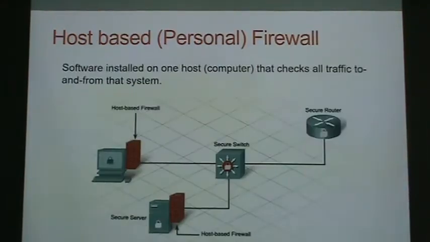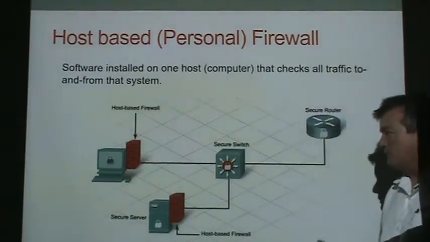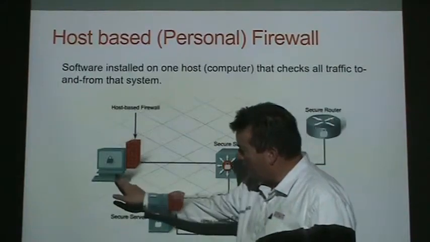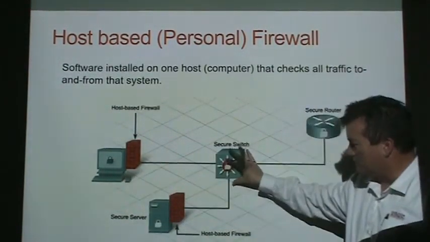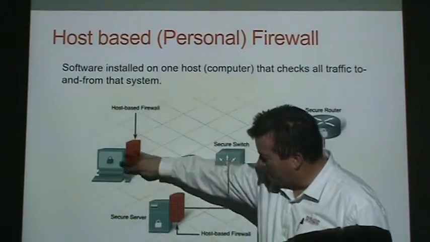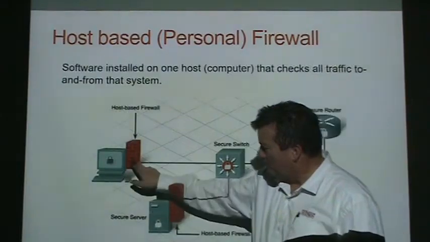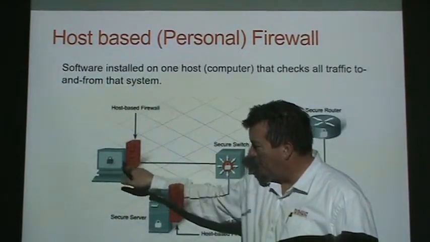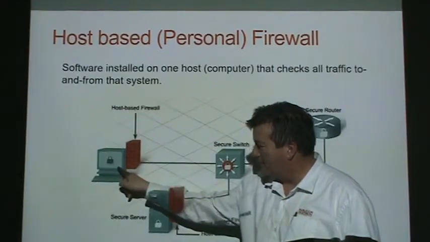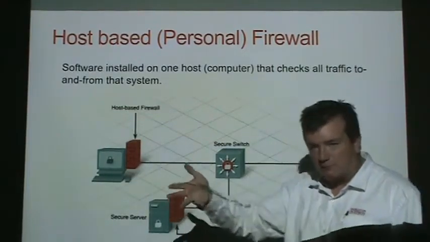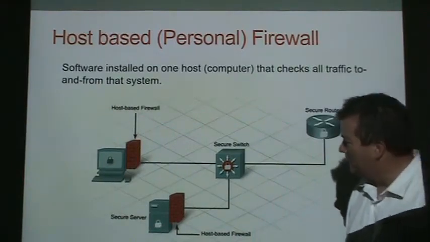A host-based, or personal, firewall: if you have a computer and you're connecting even to a local switch, let's say these two people work for the same company, we could put a firewall in front of this PC where we're basically saying traffic that's going in and out through this line has to follow certain rules. We do lookups on tables to see if we're going to let traffic go through or not.